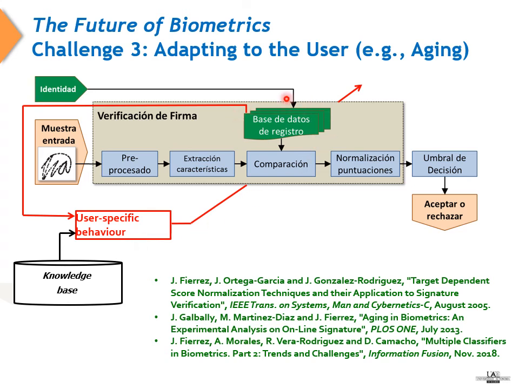For example, let's say in signature, for people with simple signatures, we can have a simple template. So imagine only 10 features in a global feature set. And for complex signatures, we may have a different kind of template. Let's say also a global feature set, but with 100 features, more features for more complex signatures. Or we extract more sophisticated features, or we compare with a different method.